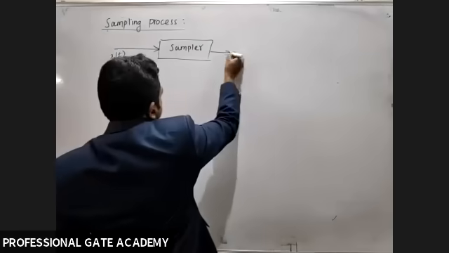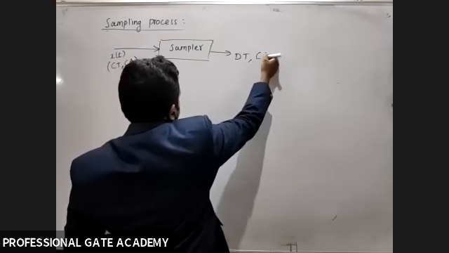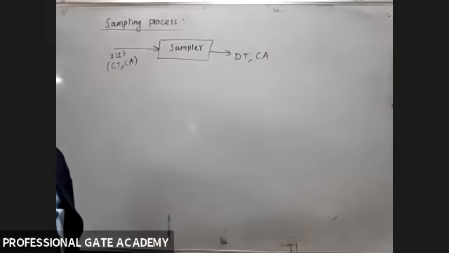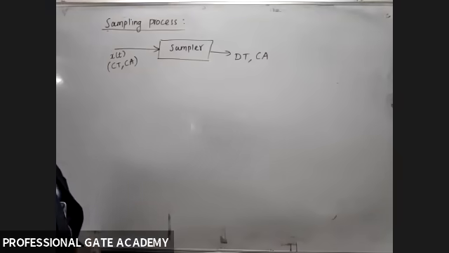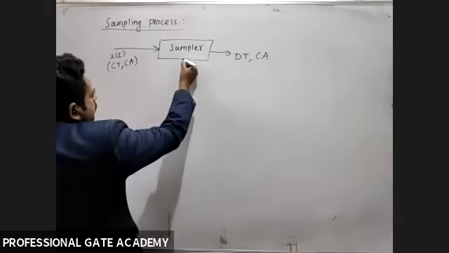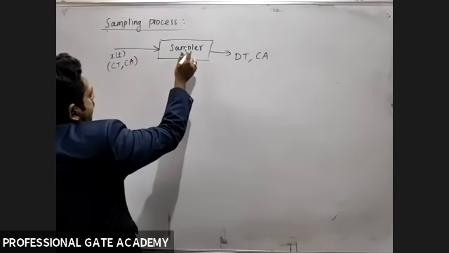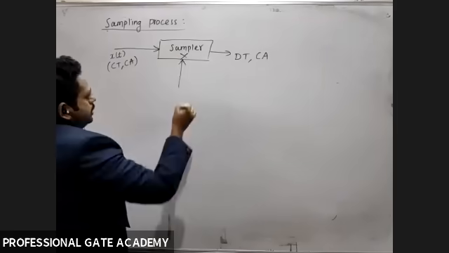So this is the sampler output. What is the sampler output? Discrete time, continuous amplitude. Now the sampler is nothing but a multiplier.